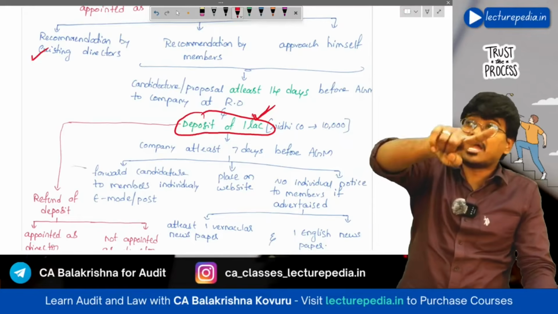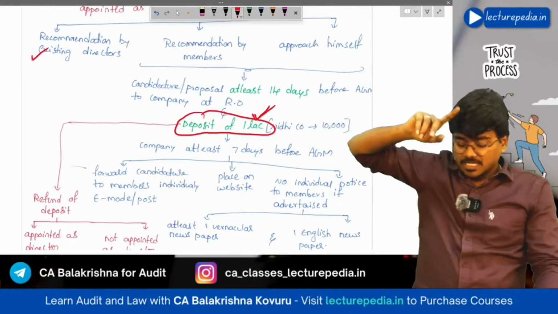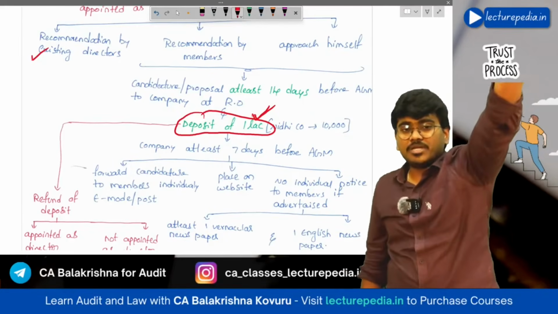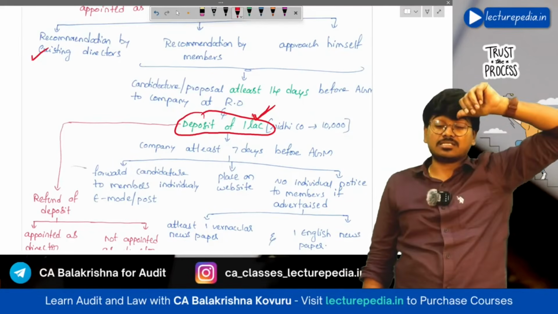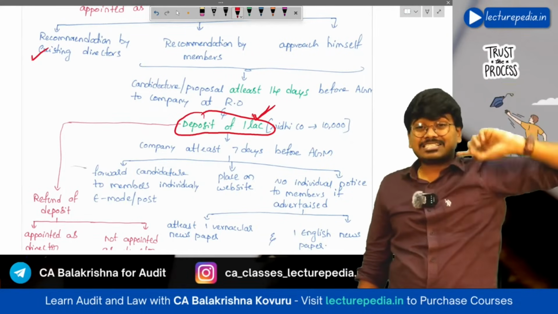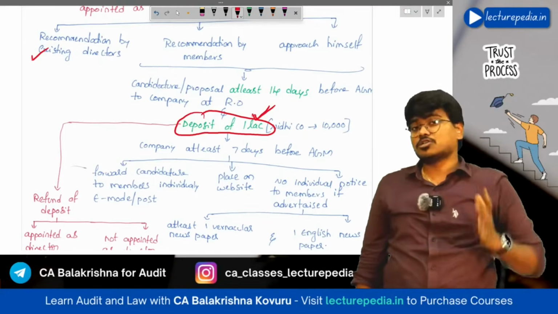Along with candidature, you have to deposit 1 lakh rupees with Reliance Industries, because if just a candidature is enough, tomorrow lakhs of applications will go to Reliance Industries asking to appoint them as a director. So to test the seriousness of the person, a deposit of 1 lakh rupees is also kept.